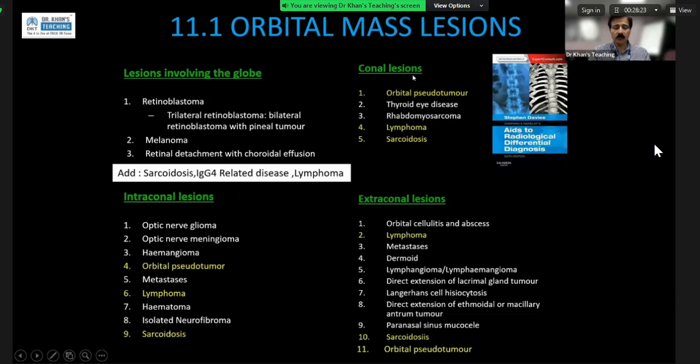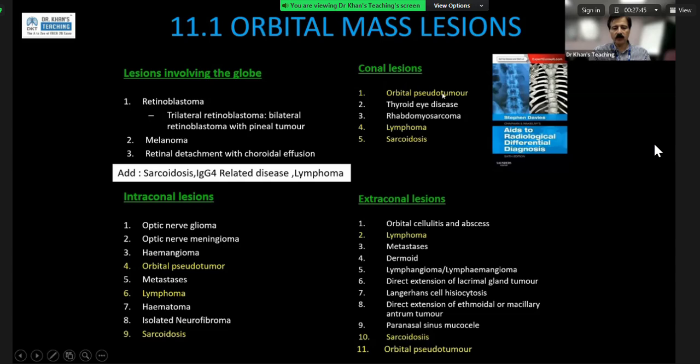And then there are conal lesions. So what is the cone? Cone is the muscles. So there is a differential diagnosis. Extraconal. Anatomically speaking, extraconal is only the lacrimal gland and the fat. However, you can imagine that from the surrounding structures, many things can infiltrate into the extraconal space. So one key exam point is that a few things, if you see the differential diagnosis, appear under each heading.